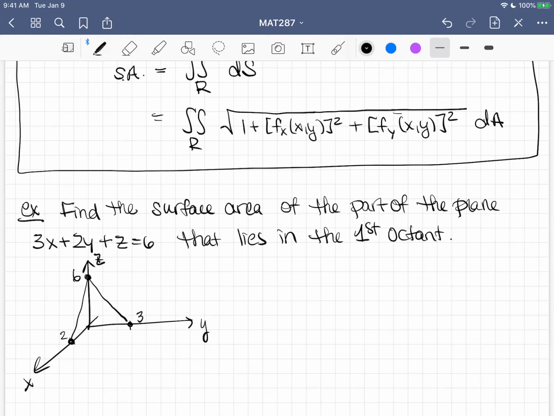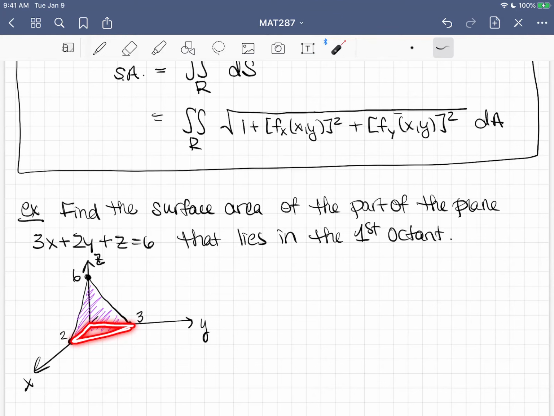Okay, so here's my plane. And I want the surface area there of that plane in the first octant. And this is exactly where that plane is in the first octant. What's my region of integration R? Well, it's this region down here below in the xy plane.